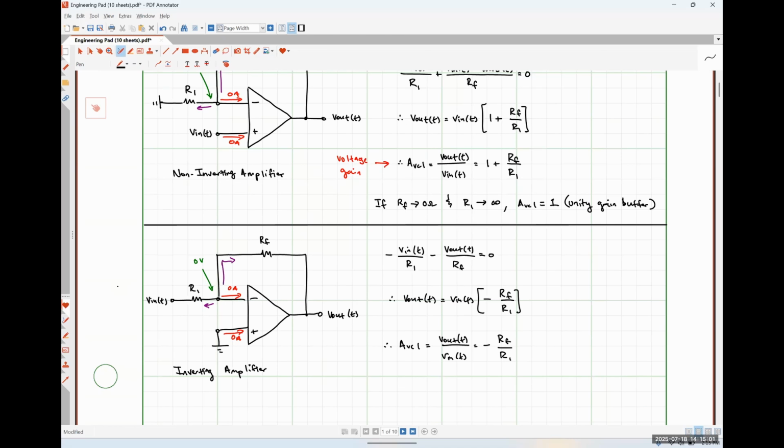Or we could cascade this inverting amplifier into a second inverting amplifier in order to switch the polarity back around. Okay. So this is a very, very commonly used, in fact, it's the most commonly used amplifier configuration that you'll ever see with an op amp. So it's used all over the place in all kinds of applications.